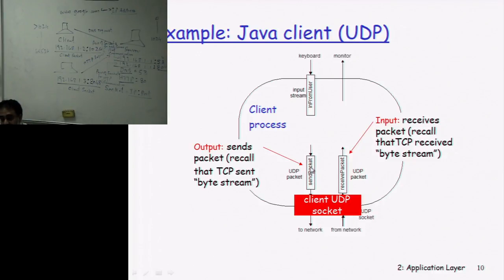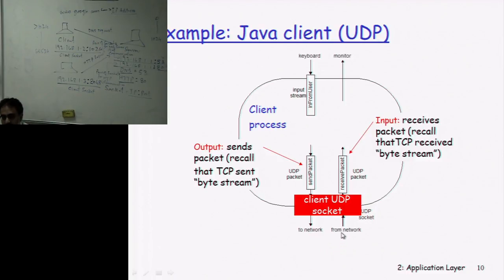Now here the send packet process, this is the UDP packet which is going to the client UDP socket, and the client UDP socket is going to put those UDP packets onto the network, the internet.